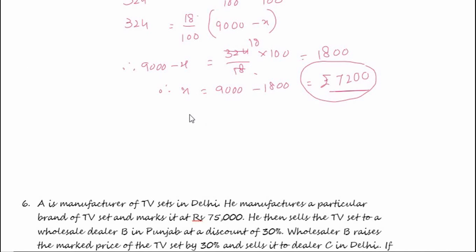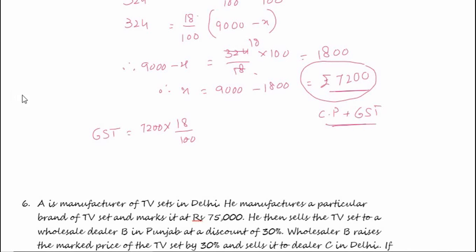Now we have to find out the total price paid by B. So total price paid by B is his cost price plus the GST. So his cost price we know, that is he has paid 7,200 rupees. Now let us calculate the GST. So GST for this is 7,200 into the rate of GST we know, that is 18%.